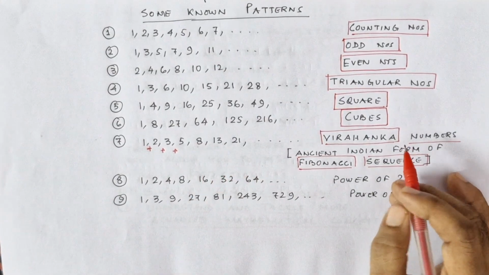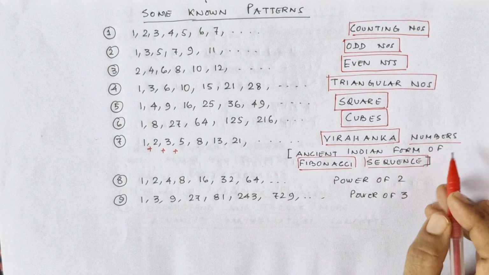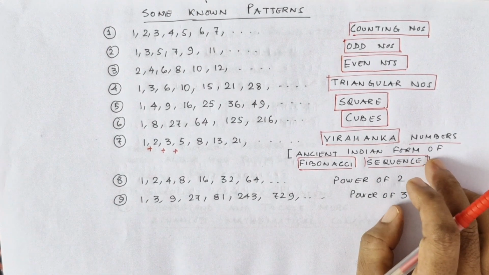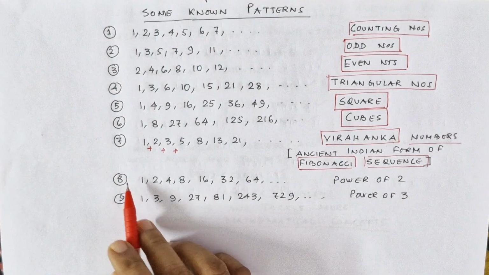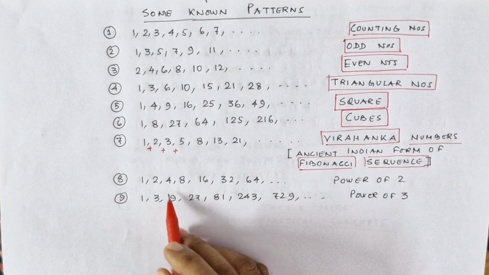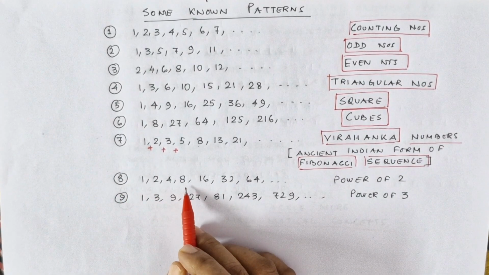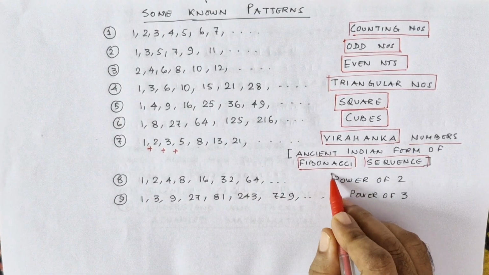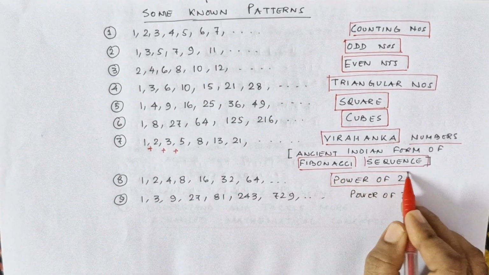So we call it Virhanka numbers. It's an ancient Indian form. Generally people call it Fibonacci sequence. Got it? So let's come to the 8th sequence. So what is this? 1, 2, 4, 8, 16, 32, 64. This is power of 2.